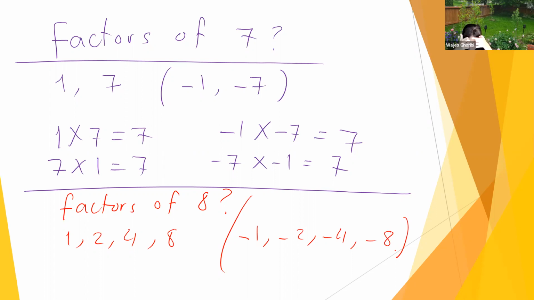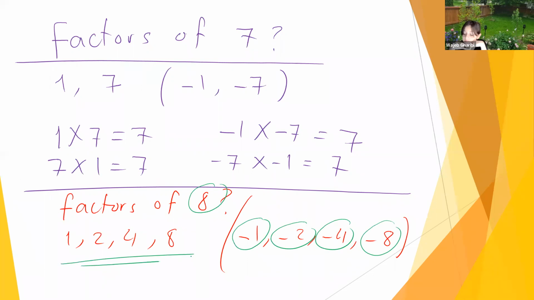For example, -1 times -8 gives 8, and -2 times -4 gives 8. So -1, -2, -4, -8 are also factors of 8.